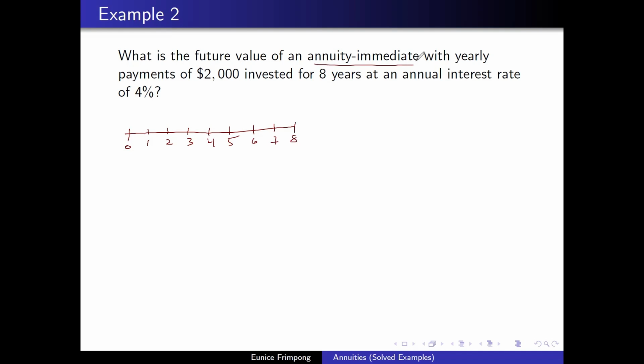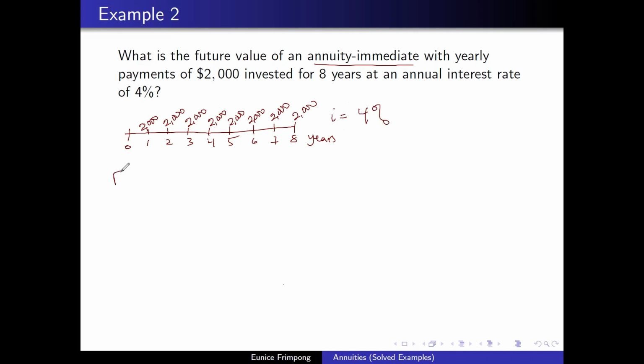Annuity immediate, so payment is being made at the end of the period and it's being paid yearly. So these are years. And the payment is $2,000. So we'll be having a payment of $2,000 at the end of each year. The interest rate involved here is 4%.